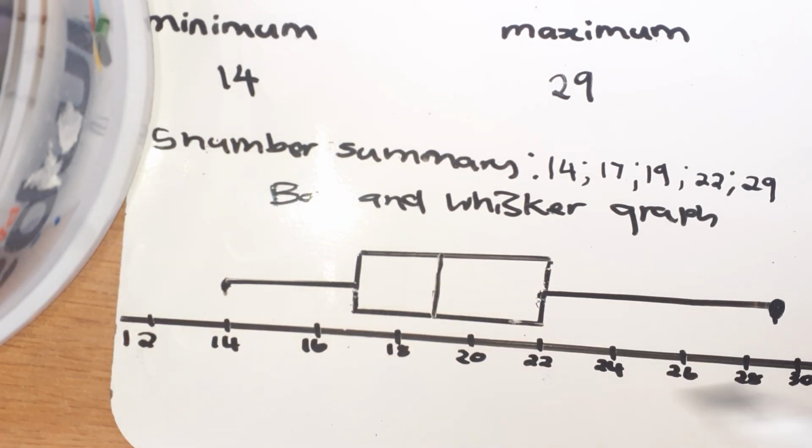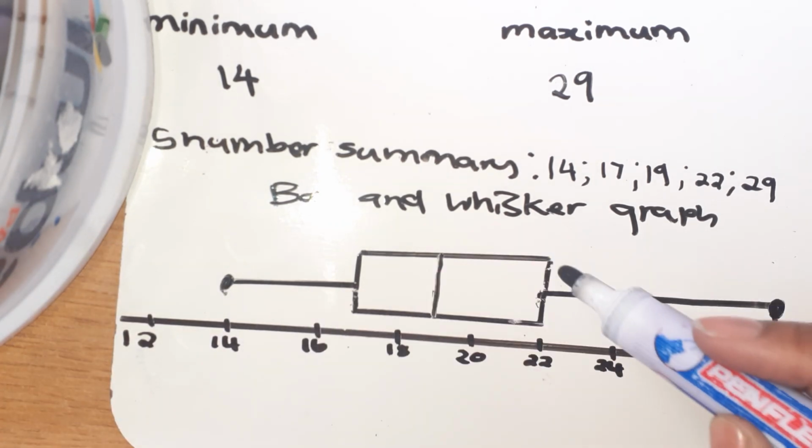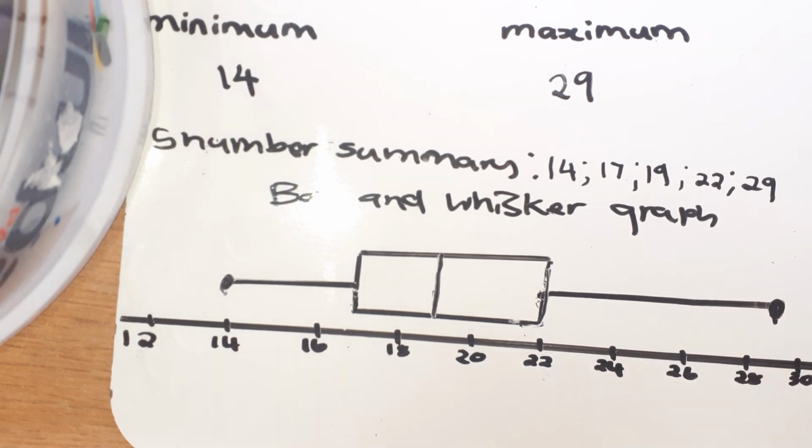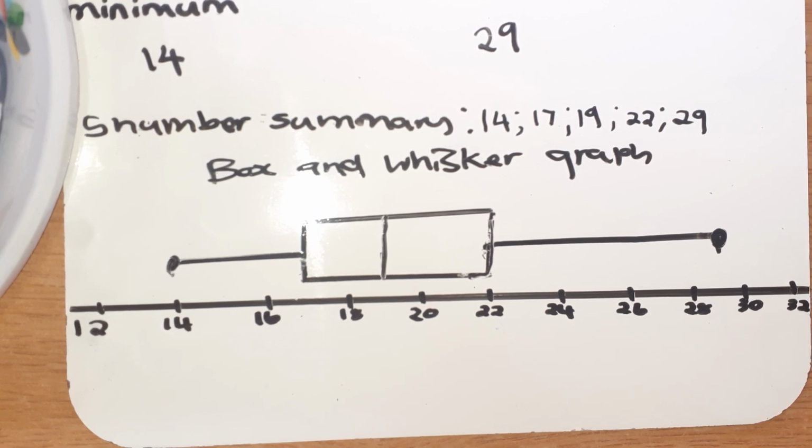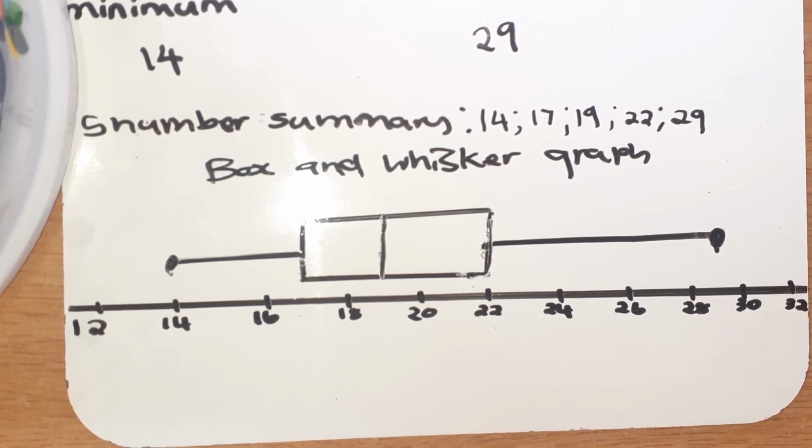Then here we have the maximum, here we have the minimum, and here is the box. So this is what we call the box and whisker graph, exactly this way.